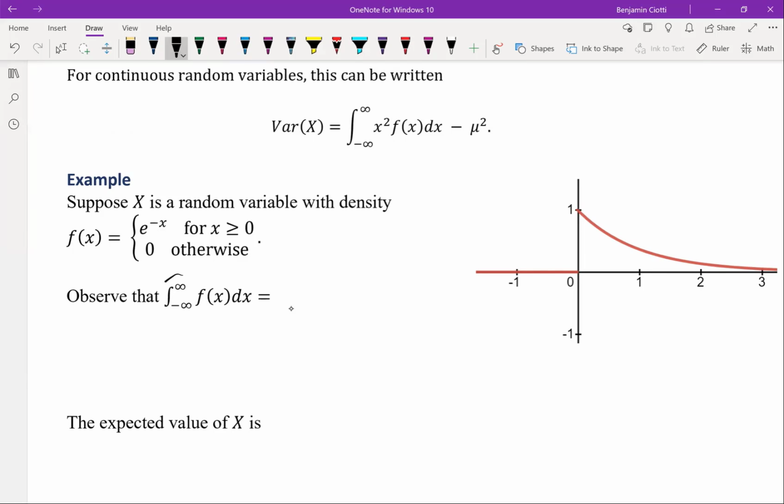The integral of f from negative infinity to infinity, well, the function is only non-zero when x is non-negative. So right off the bat, I can disregard the integral over negative x values, and I'm just left with the integral over positive x values.